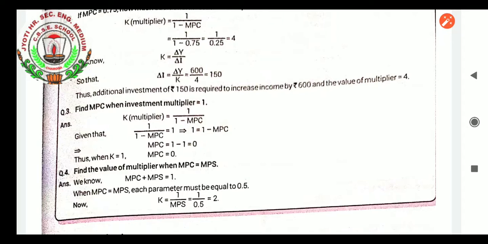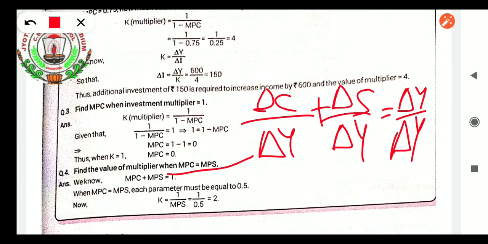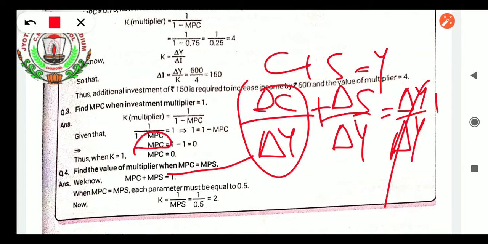If you remember, delta C upon delta Y plus delta S upon delta Y equals delta Y upon delta Y. If you don't remember, I will explain again. If we divide C plus S equals Y by delta Y, we get 1. So delta C upon delta Y is MPC, plus delta S upon delta Y is MPS. If we add, we get 1.